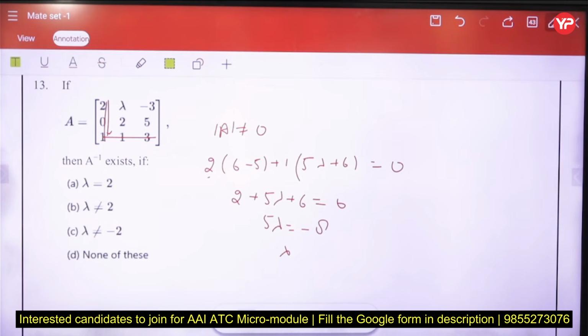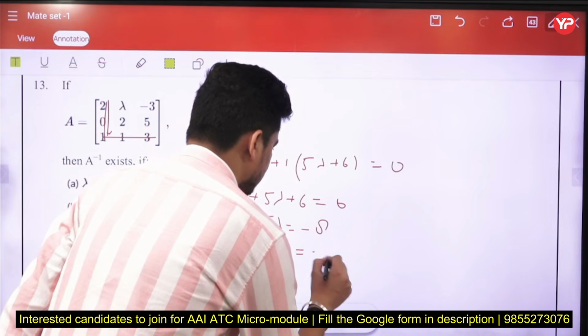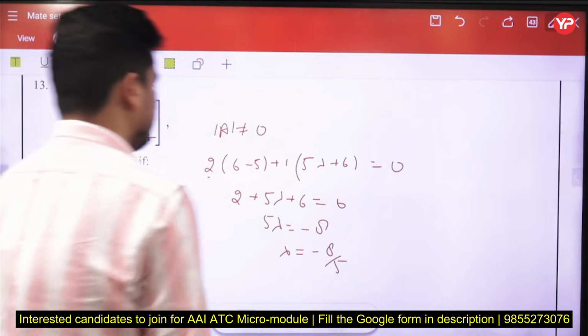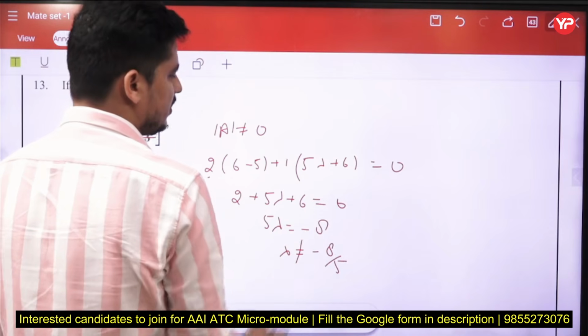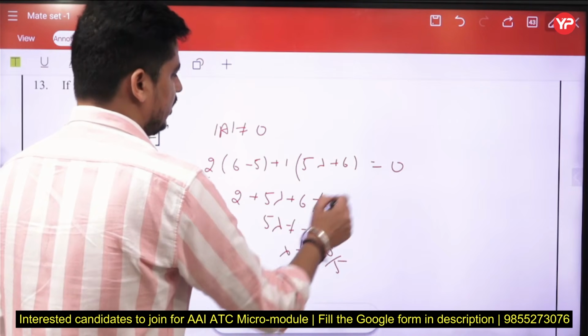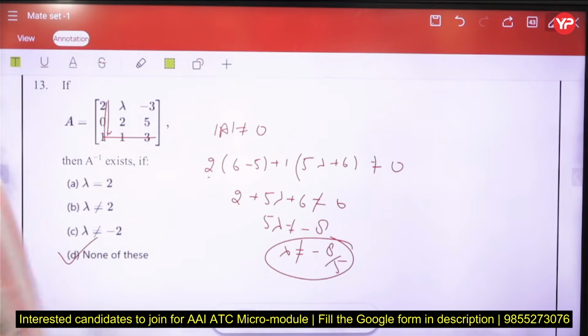So the value of lambda is going to be minus 8 by 5. If this determinant equals 0, then lambda is minus 8 by 5. If this determinant should not be equal to 0, then this value is not going to be minus 8 by 5. So answer will be D here.